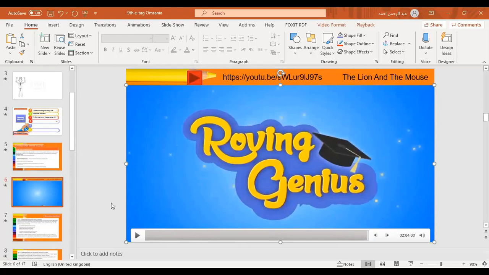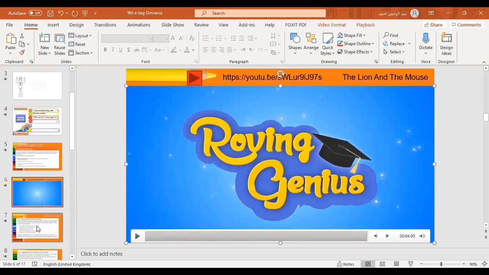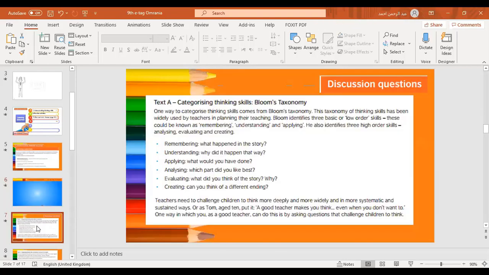So according to this story, the moral is a friend in need is a friend indeed. So let's start our first part, a discussion. We will categorize thinking skills according to two kinds of sorting. The first one is text A. It's about Bloom's taxonomy. One way to categorize thinking skills comes from Bloom's taxonomy.